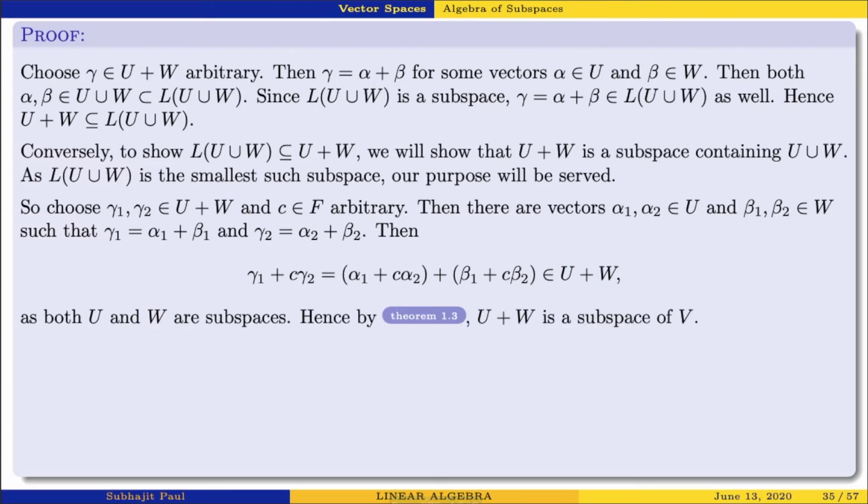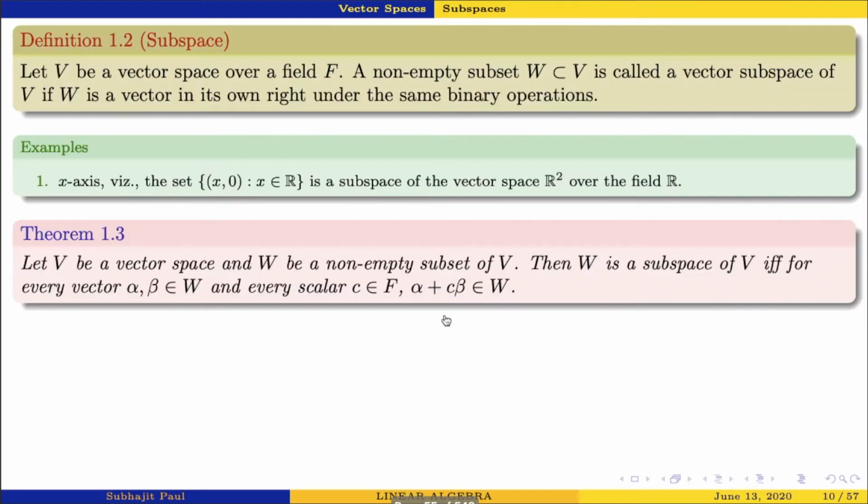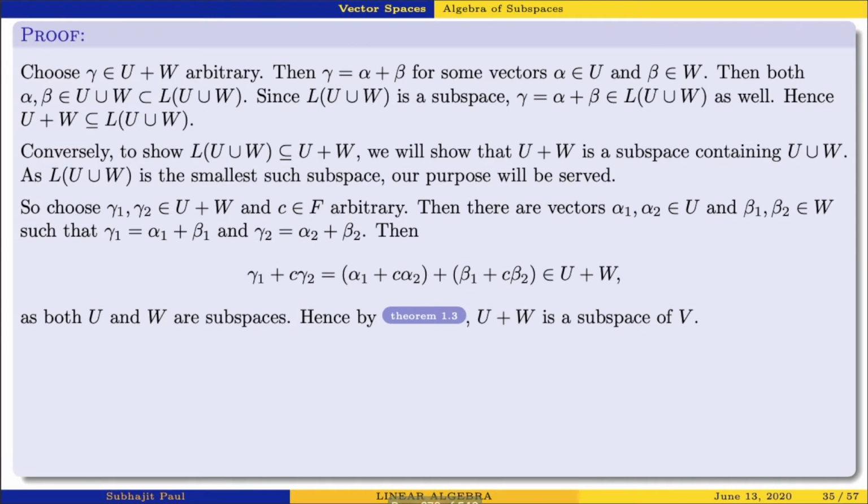Hence, by this theorem, which theorem says this necessary and sufficient condition for subspaces? This is this one. So by this theorem, U plus W is a subspace of V. Also, U can be written as U plus theta, the null vector.